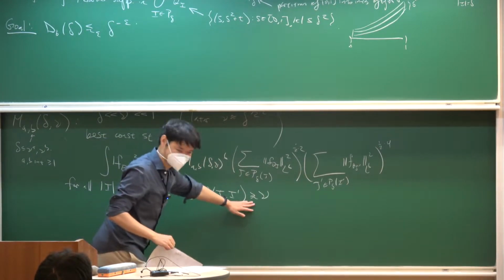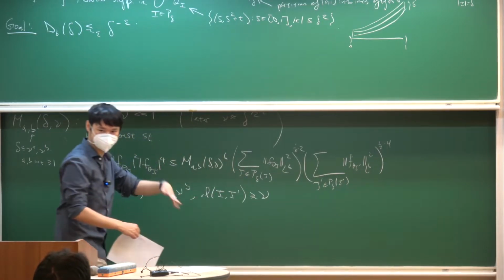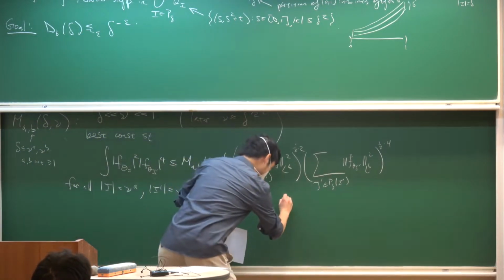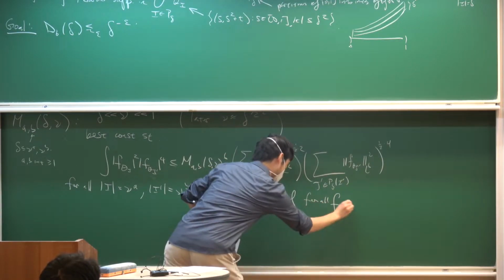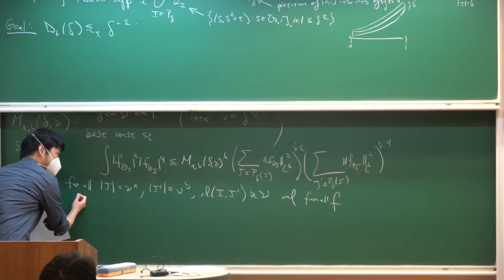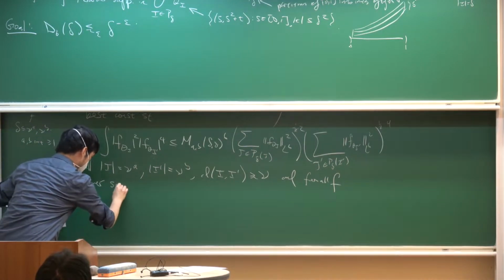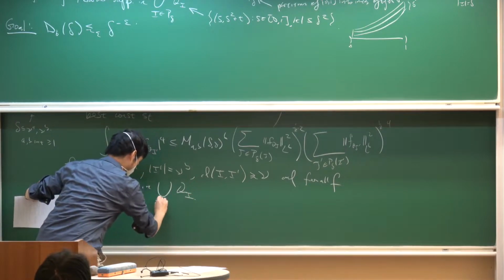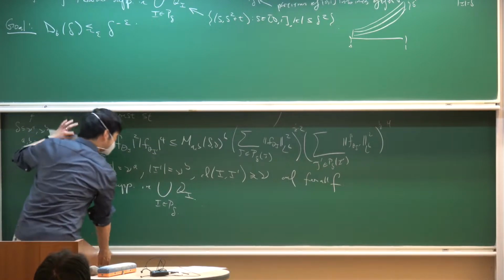Bigger than, tilde, means maybe it's bigger than 100 nu; we figure out it's bigger than some absolute constant that you can choose at the end. And of course the standard condition, for all f Fourier supported in the delta squared neighborhood of the piece of parabola above [0,1]. Okay, so let me draw a picture.